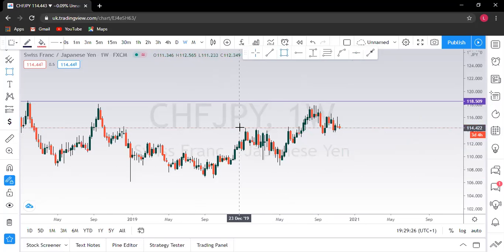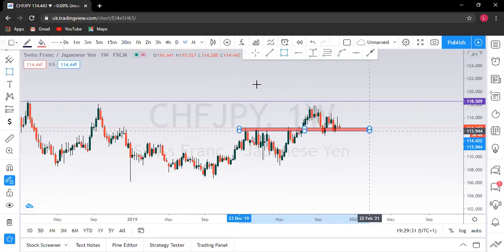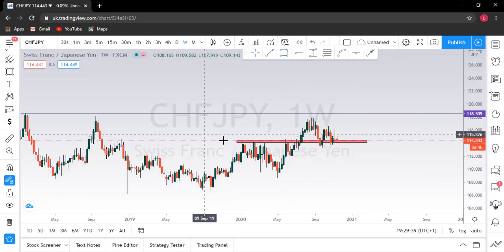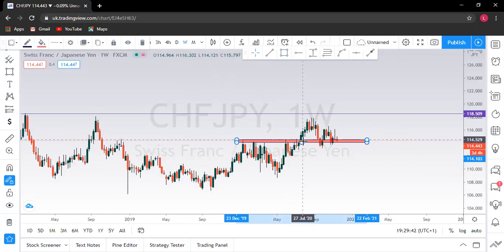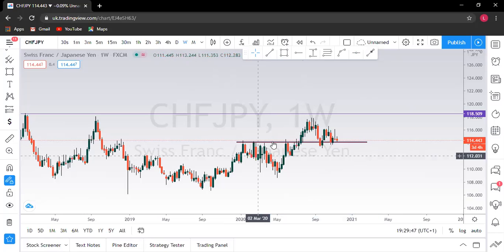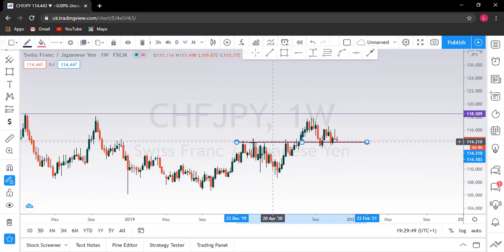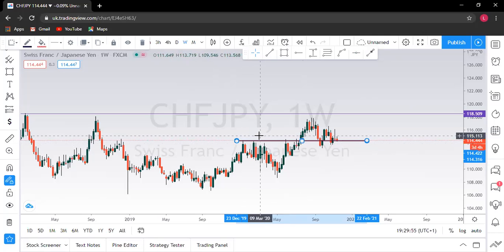Now, if you look at this resistance here, can you see the market has made a series of touches here?